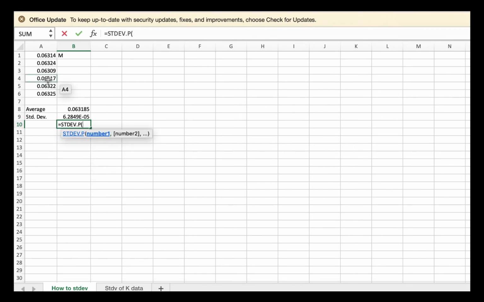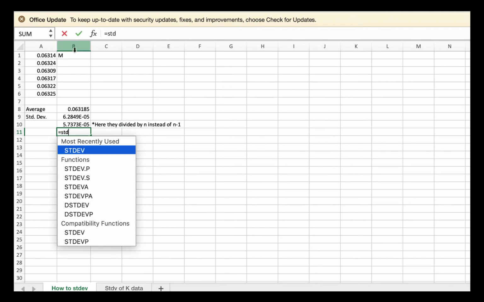All right, so this STDEV.P, if I calculate that, what's happening is in some standard deviation calculations, they divide by n instead of n minus 1. Okay, so that's a slightly different standard deviation. It's not the one that we want.